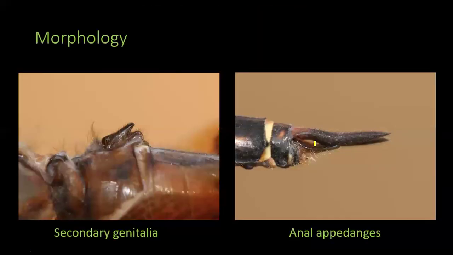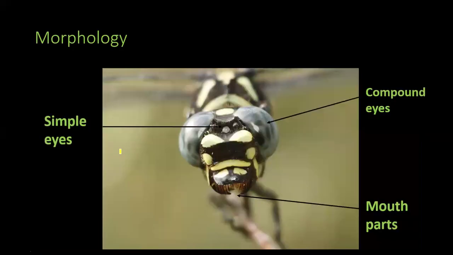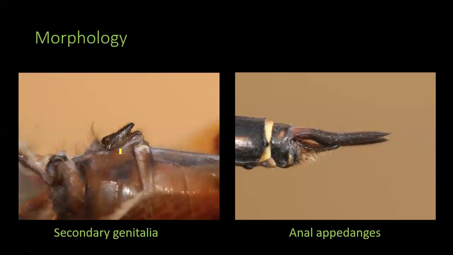Right. And other characters, when it comes to their sexual reproductive organs. This is a male dragonfly, the one that I showed you earlier. You can see males are the ones who have these well developed anal appendages, or caudal appendages, but females don't have that much structurally developed anus. So when it comes to male reproductive organs, these are the main things that you can see from outside.